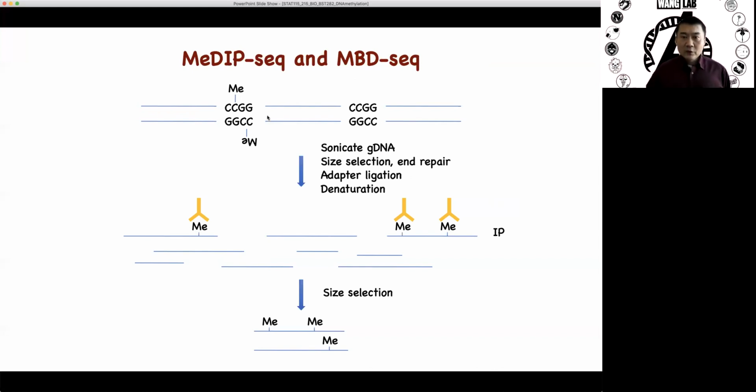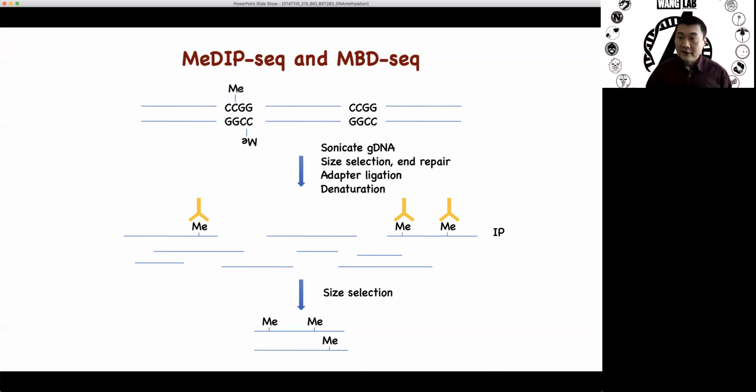So here you rely on enzymes or antibodies that recognize methylated cytosine, right? For example, antibodies recognize this cytosine, and you basically do an immunoprecipitation. Take the genome, sonicate, use the antibody to pull down methylated pieces, and you can sequence them, right?